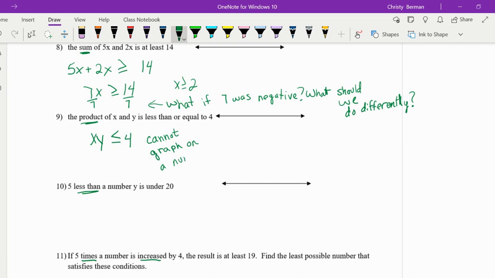So we would need to graph this on a coordinate plane, which has an x and a y. So we can't really use that number line for this one. The number line is for one variable. Okay. All right.